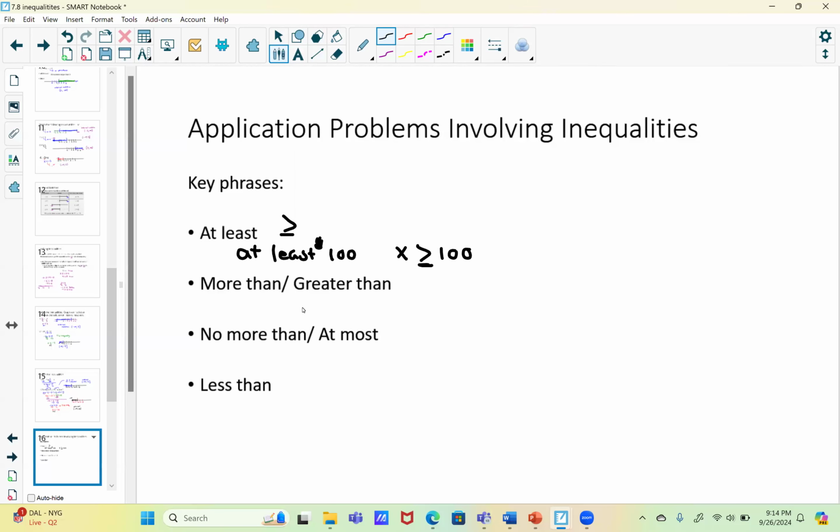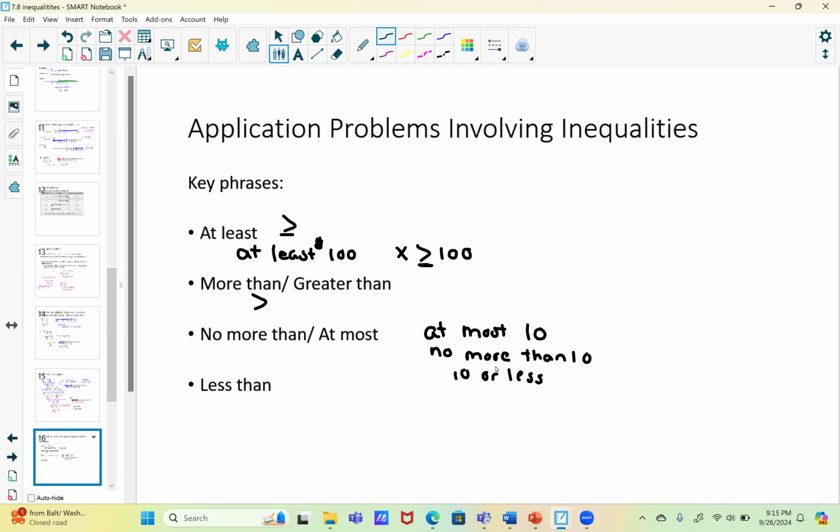If we want more than or greater than, that one's easier. It's just the greater than symbol. No more than and at most, again, is a little bit harder. If I say at most 10, or no more than 10, what I want is 10 or less.